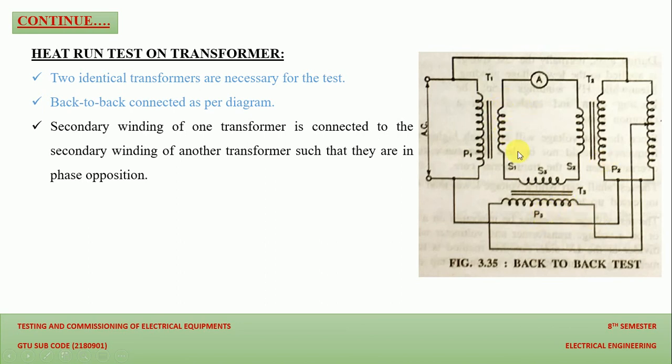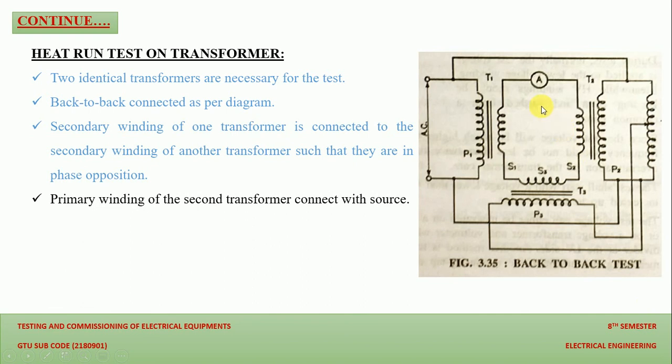This is the secondary. The secondaries are connected to each other such that they are in phase opposition. So whenever flux is produced, it will oppose each other according to the placement of the transformers shown here.